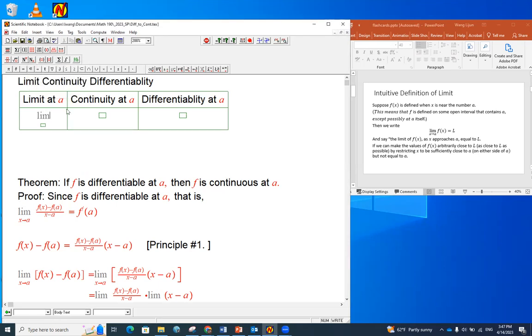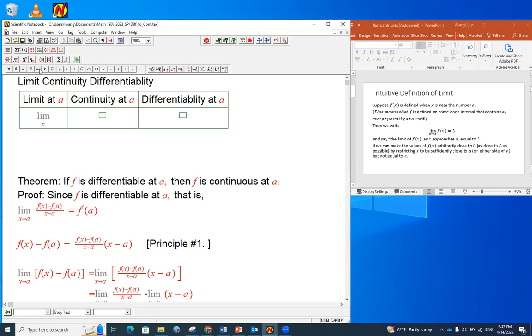This limit exists means that the limit as x approaches A of f of x equals a finite number.